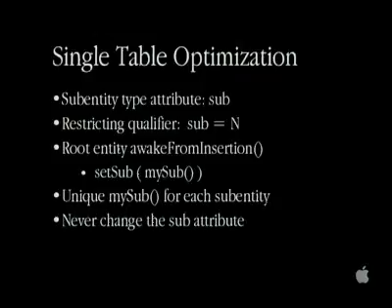Now, we say we can do single table inheritance fetching in one select, but that's only if you meet a few restrictions on how you set up your single table inheritance. First requirement is that you have some attribute that's distinguished to determine what subentity this particular row is. And the simplest way to do that is to just have a subtype column, maybe have different constants assigned for each subentity.